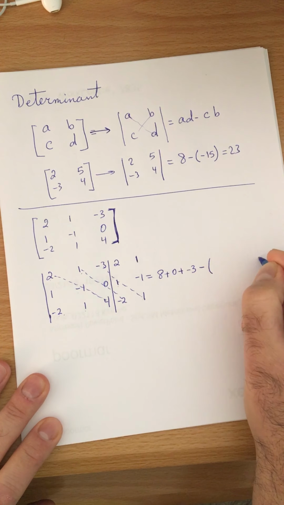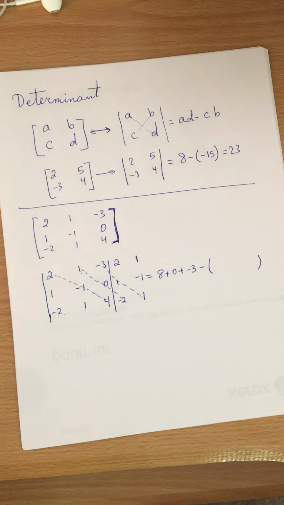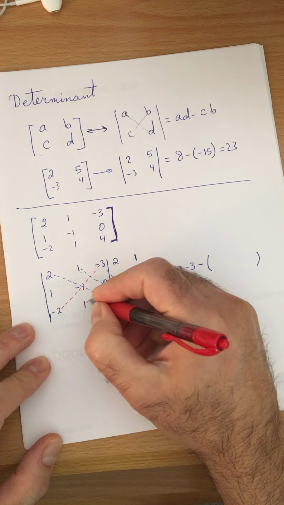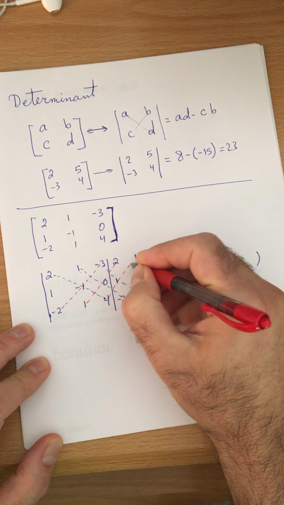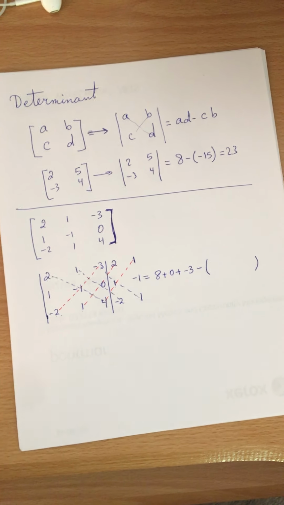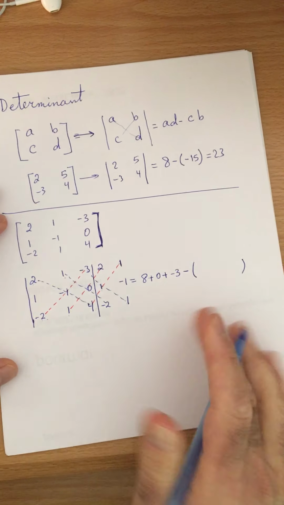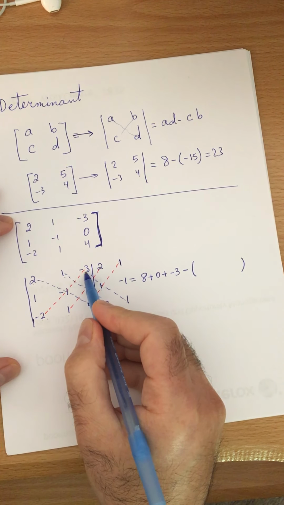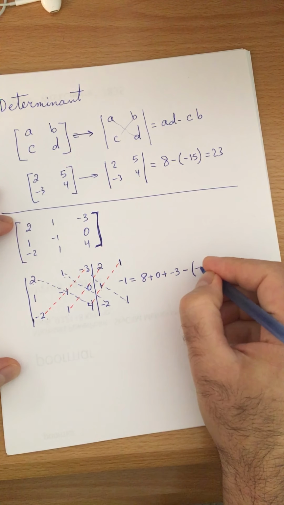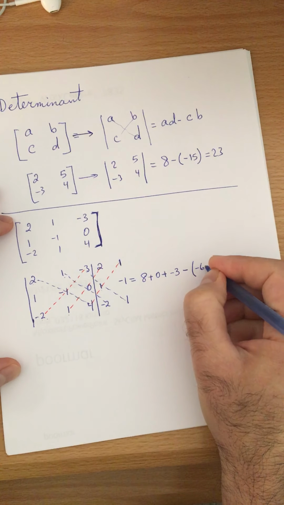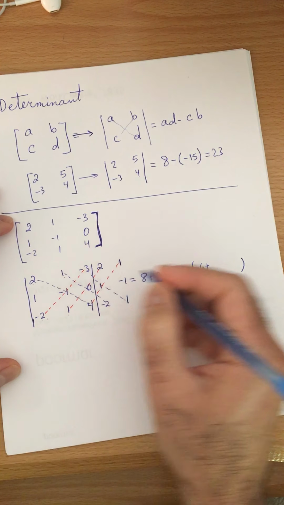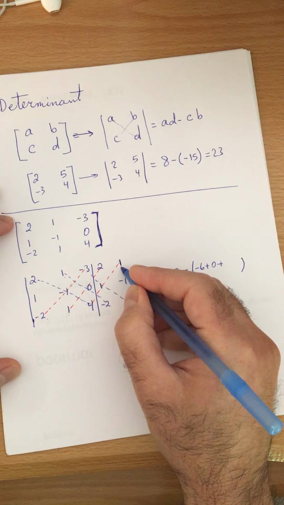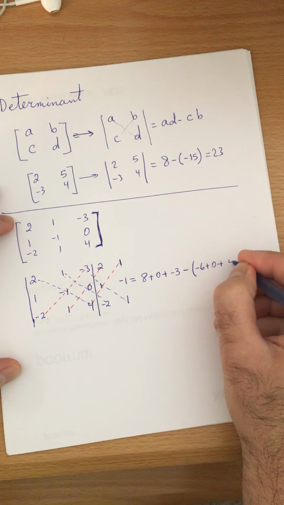you open up a parentheses, then you evaluate these diagonals that I'm showing you in red. Okay, so -2 times -1 is +2 times -3 is -6, plus 1 times 0 times 2 is a 0, plus 4 times 1 times 1, and that's a 4.